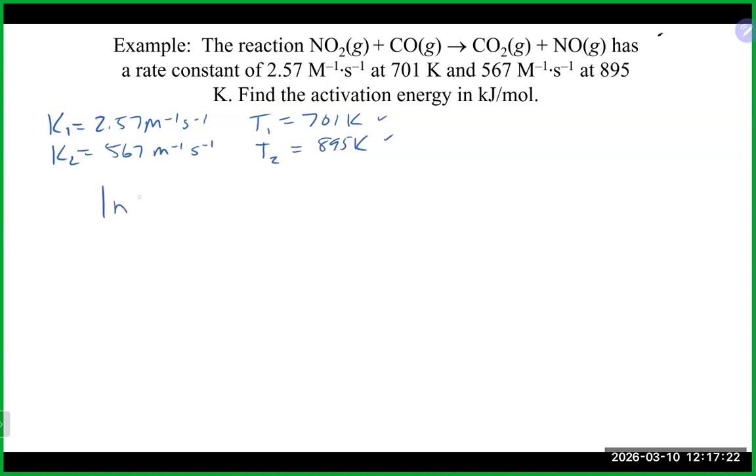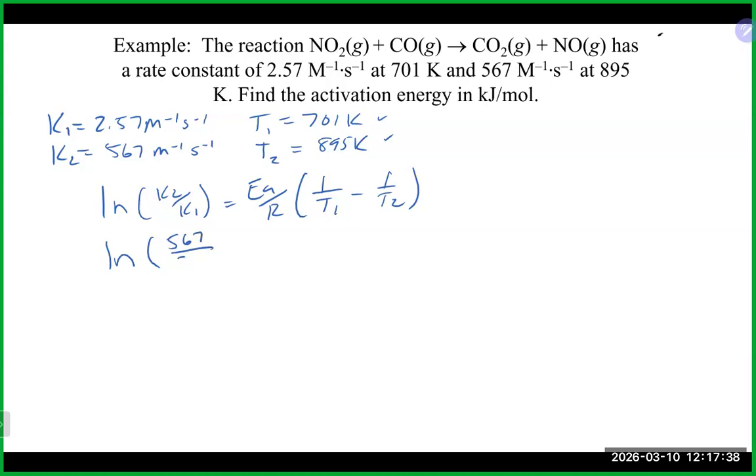We could use our natural log of K2 divided by K1 equals E of A over R times 1 over T1 minus 1 over T2 in this case. So putting in our numbers here, natural log of 567 divided by 2.57 equals E of A over R, a constant at 8.314 joules per Kelvin per mole, times 1 over our T1, which again is already in Kelvin, minus 1 over our 895.